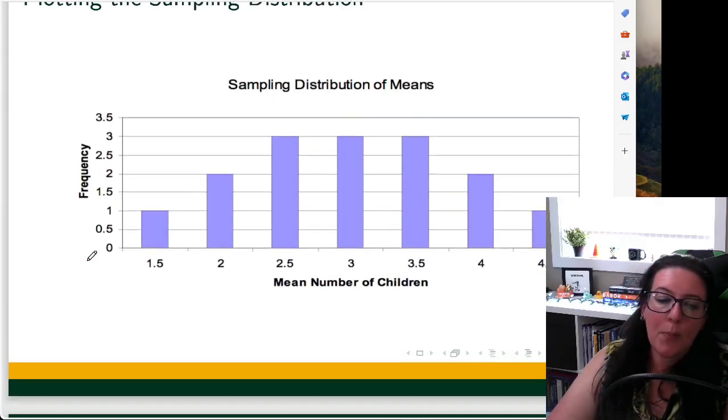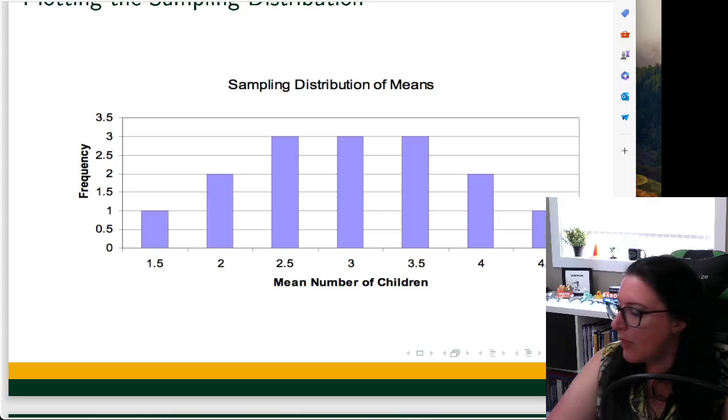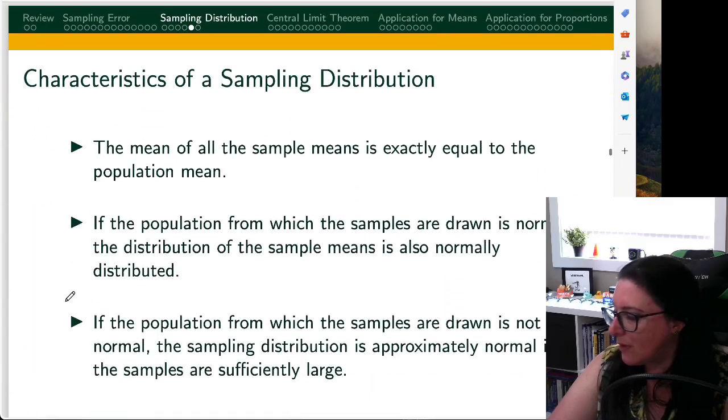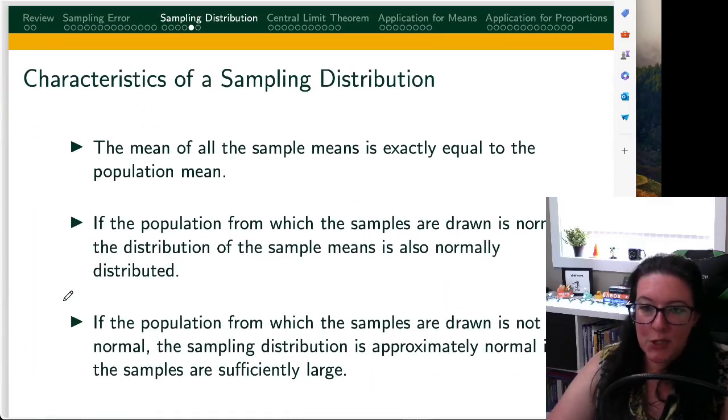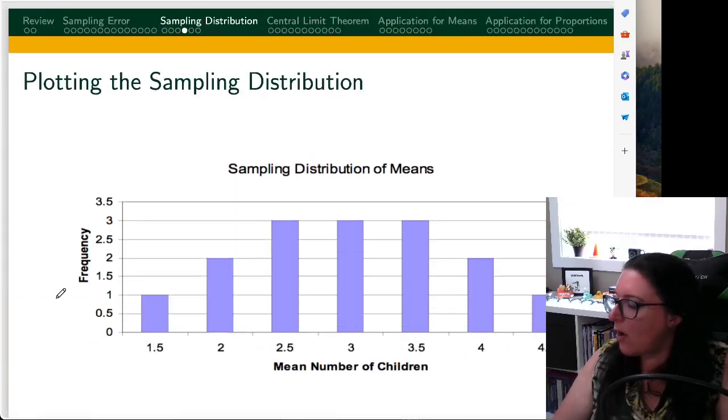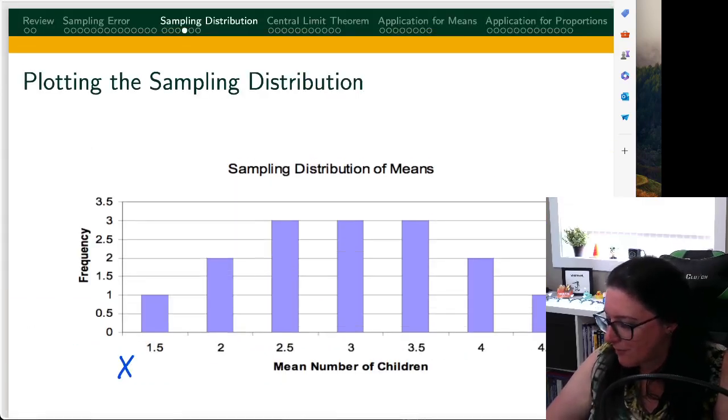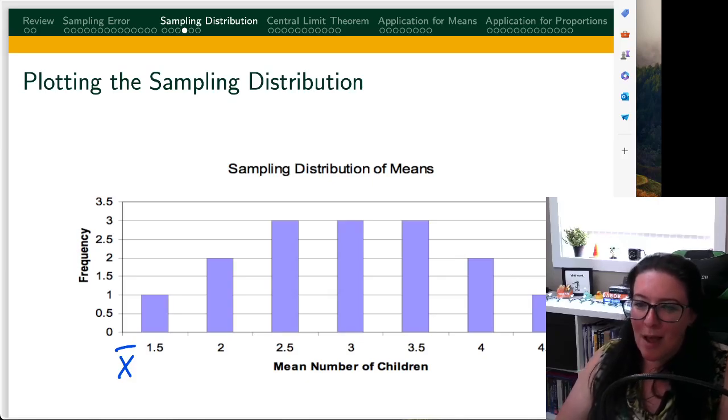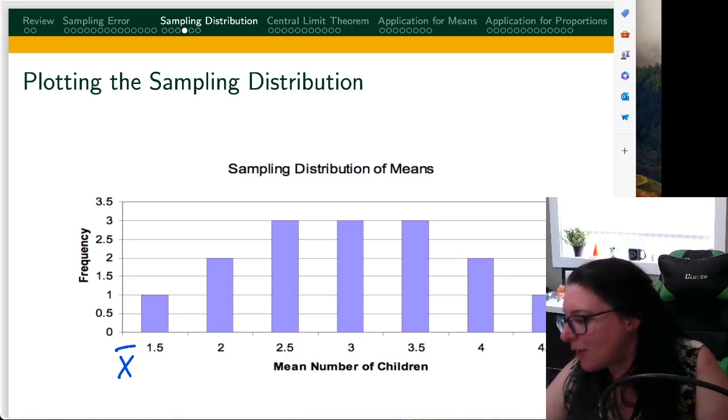And so we should know a couple things when it comes to sampling distributions and their characteristics. The mean of all sample means is the population mean. So when we take all of these X bars and we average them all up and find the average of the averages, then we get the population mean.